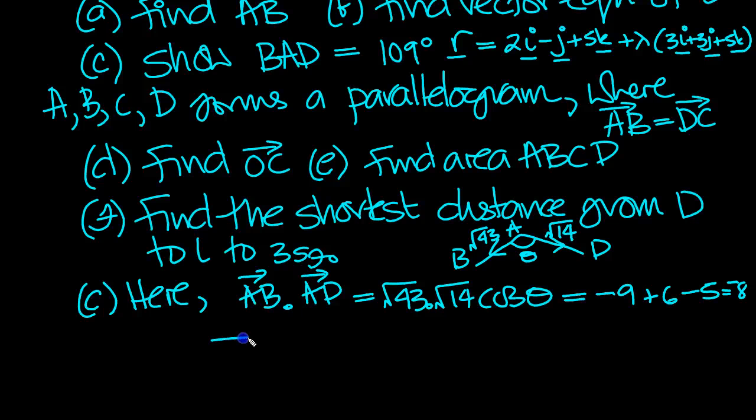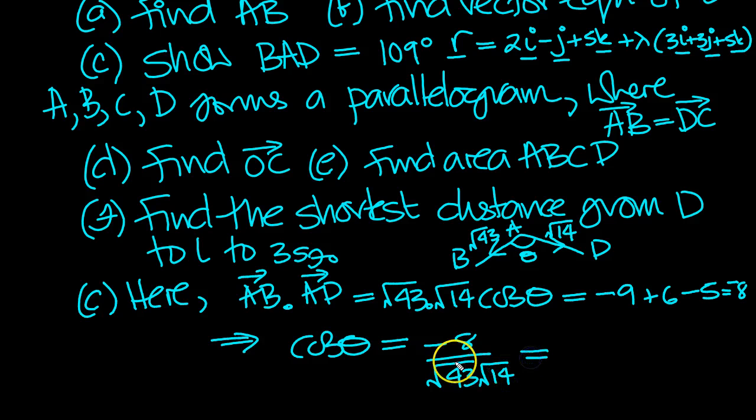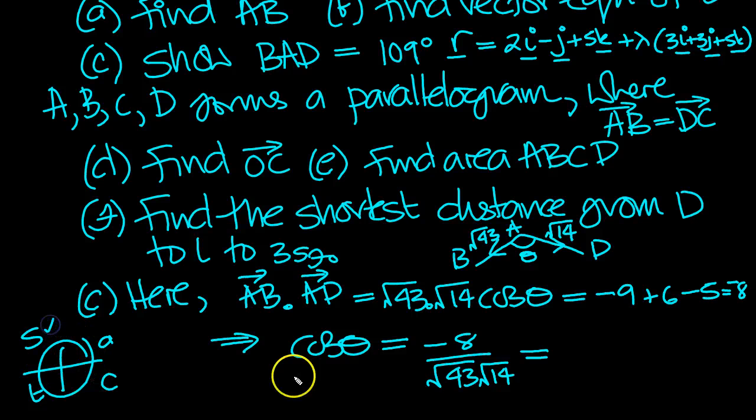So that tells us what cosine theta is. It will be minus 8 over root 43 times root 14. Now it's a negative cosine. If you think about the cosines from 0 to 360, our angle between two lines will be one of these two. Because it's negative, it's in the second quadrant.